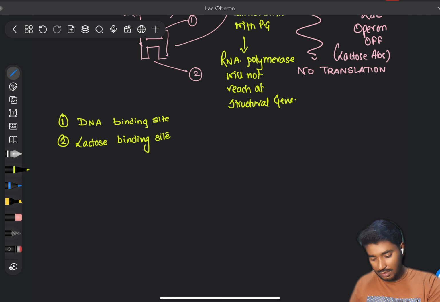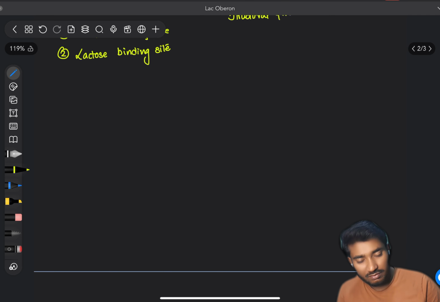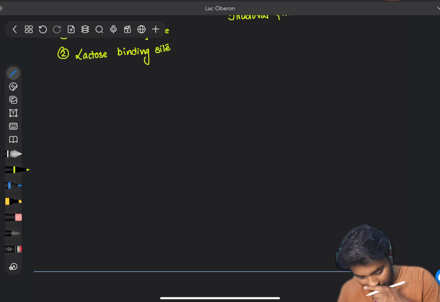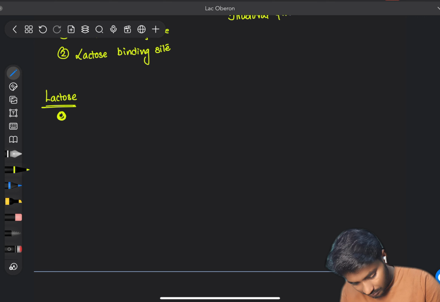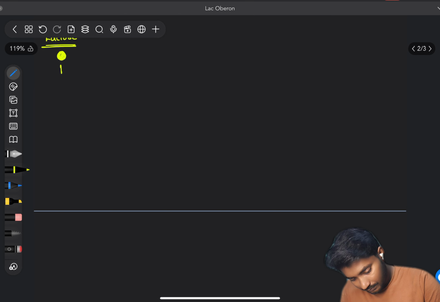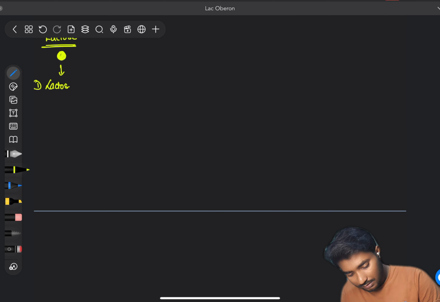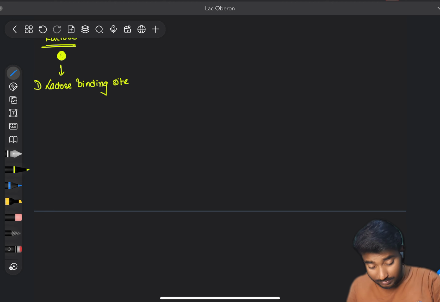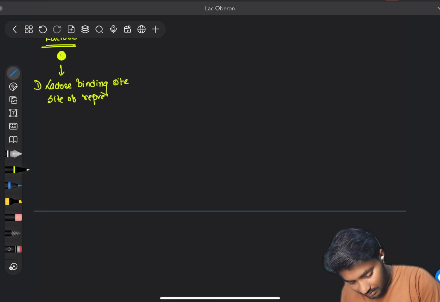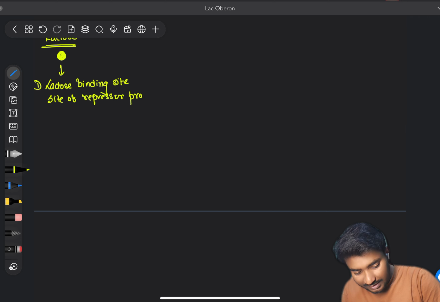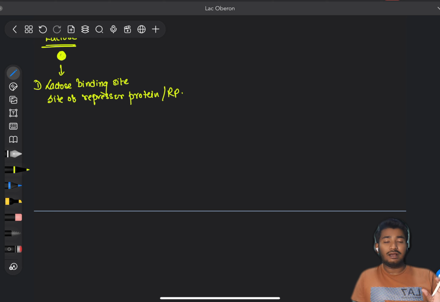When lactose is present, it binds to the lactose binding site of the repressor protein, or you can say RP.